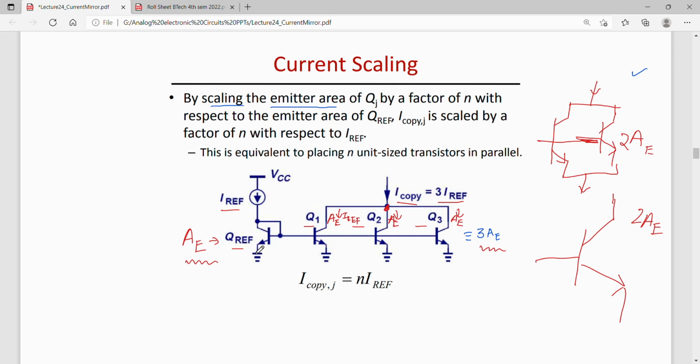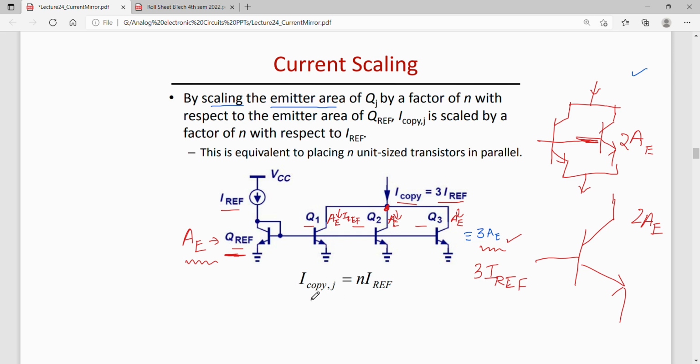That means the current here will also be 3 times the current flowing in this reference transistor, and the current which is flowing in the reference transistor is IREF. So 3 times current will flow in this bigger transistor, which has 3 times the emitter area. So current will be 3 IREF here.